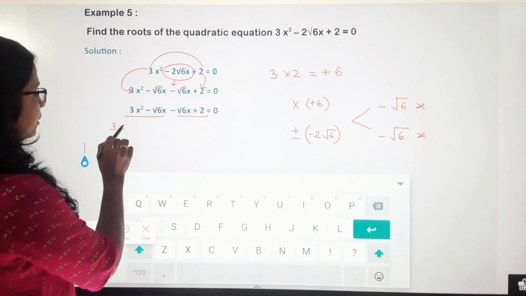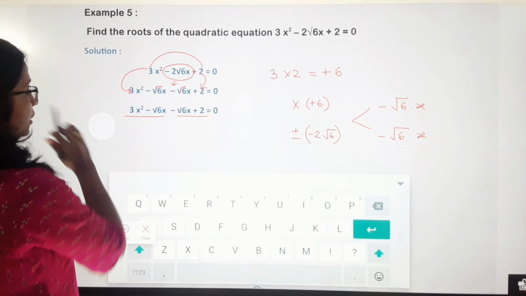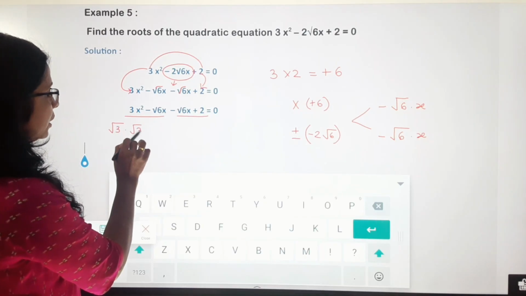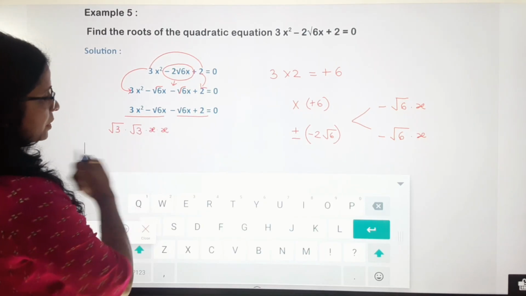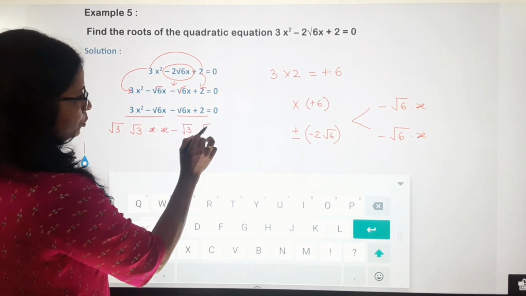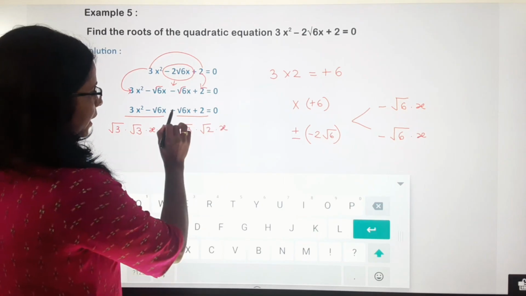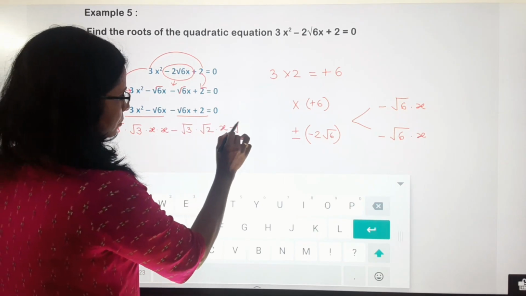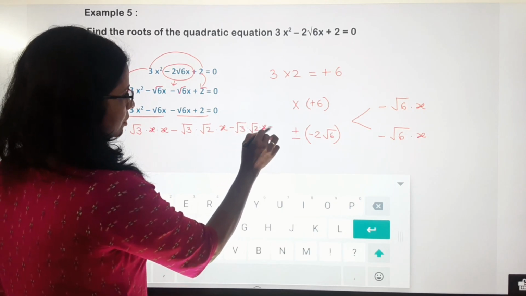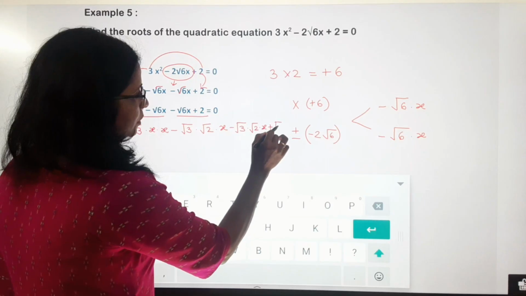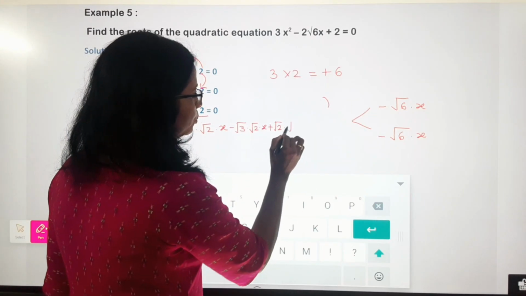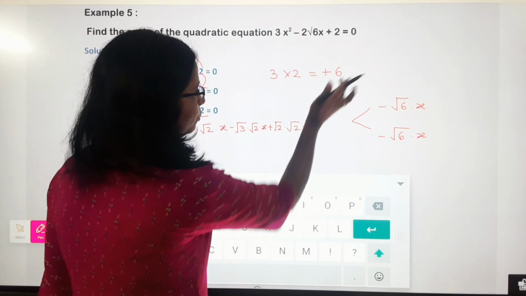Now factorize. 3 means root 3 multiply root 3, multiply x, minus root 6 means we take root 3 multiply root 2 multiply x. Then again root 6, root 3 multiply root 2 multiply x, plus, and the 2 we write as root 2 multiply root 2, which is equal to 0.